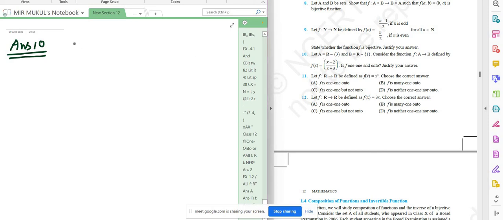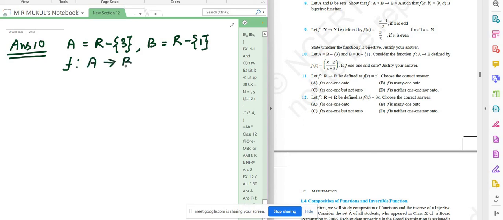Here, function f: A to B, where A equals R minus {3} and B equals R minus {1}. So the domain is the set of real numbers minus {3}, and f is defined as (x minus 2) by (x minus 3). Is f one-one and onto? Justify your answer.